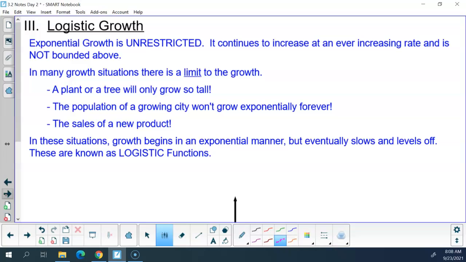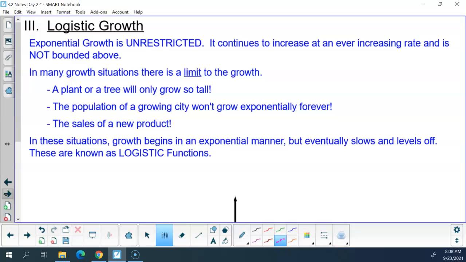In many growth situations, there is what is called a limit to growth. Every minute we could double the size of this room, or double the number of people in this room, but what's going to end up happening?